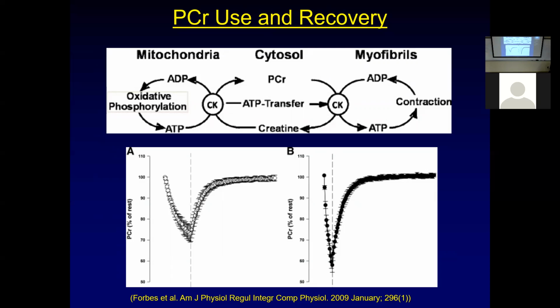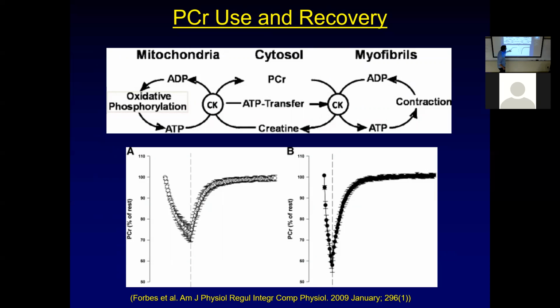All right. What I have not shown you is that the rate of recovery here and here is dependent upon aerobic metabolism. The really cool thing we can do with all of this is figure out how aerobically trained you are by seeing how fast you reconstitute creatine phosphate at the end of exercise.